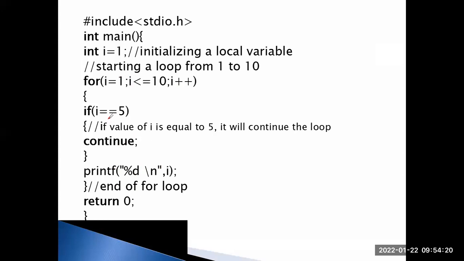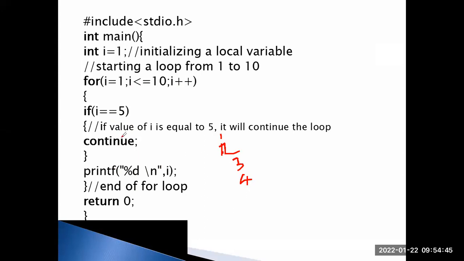Initially the condition is not true. Initially i equal to 1, we test the condition and it is not true. So it prints first 1, 2, 3, 4. When i becomes 5, the condition is satisfied.